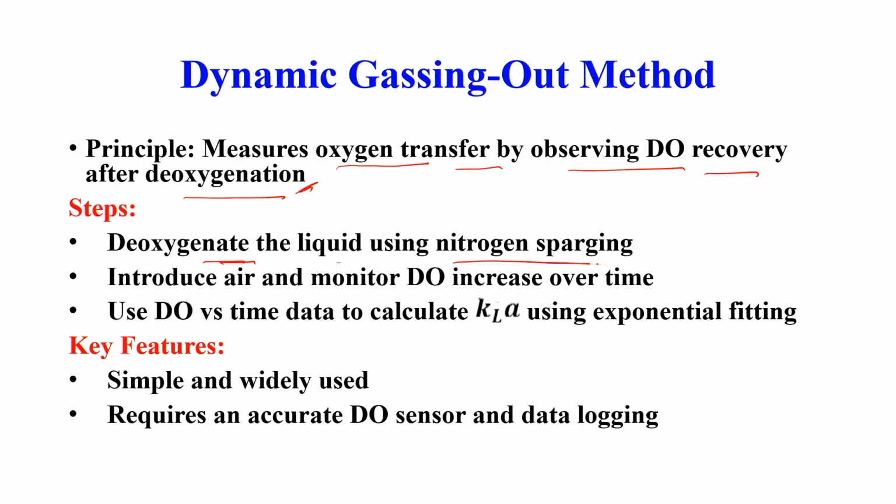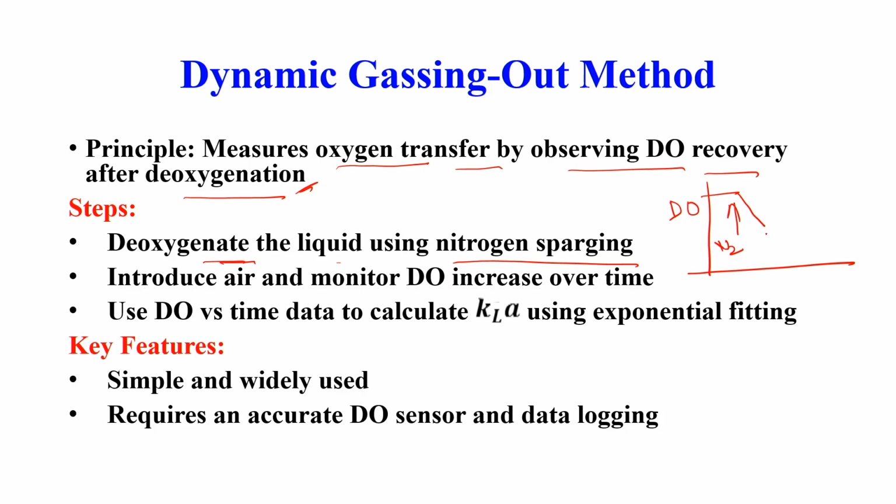So, what you have to do? You first deoxygenate the liquid using, let us say, nitrogen sparging. Say this is the DO concentration, and all of a sudden I start purging nitrogen, it will come down like this.